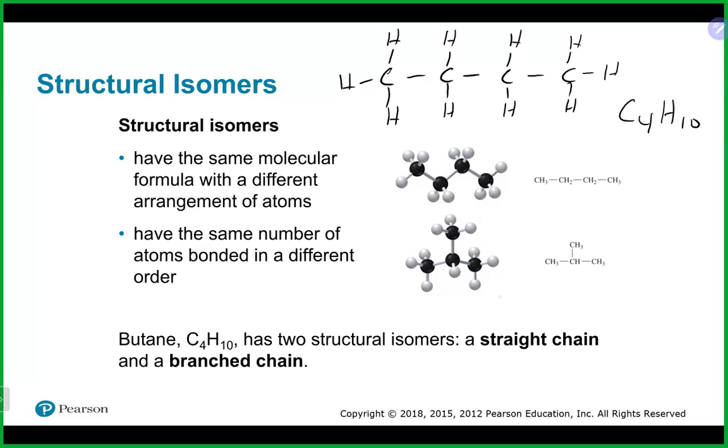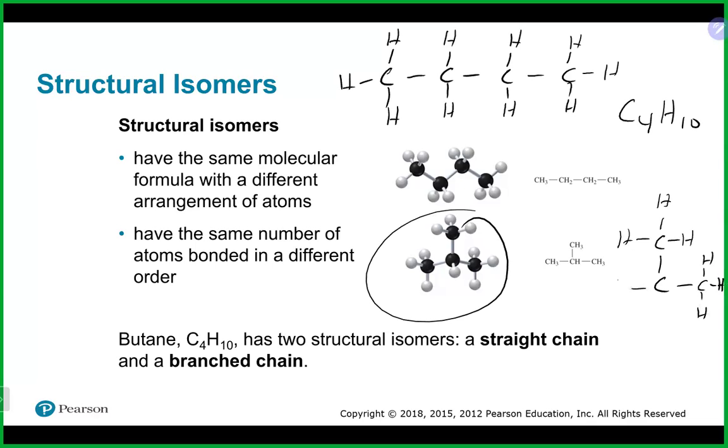Now, if you draw what is here in this ball and stick sort of model, you get something that looks like this. And you also have C4H10 in both of those arrangements. Now, they are connected differently, and they actually have different names.